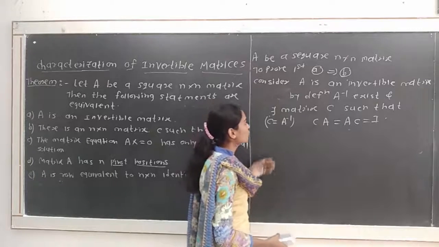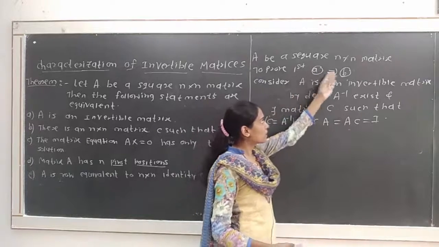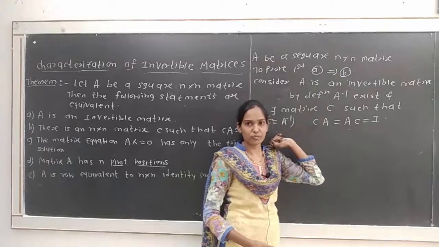So here we get A implies B directly from the definition of an invertible matrix.